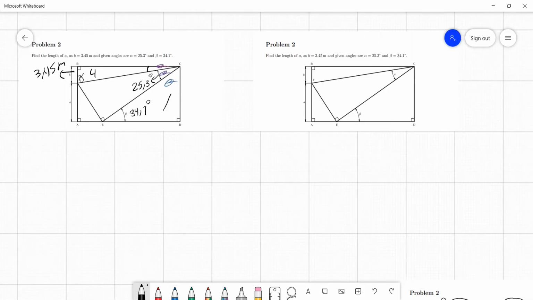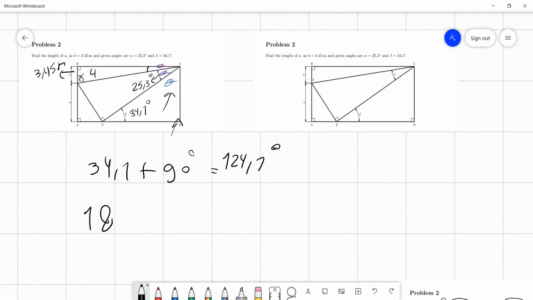So this angle over here, now we're going to try and find it. It's 34.1 degrees plus 90 degrees, which is this angle, that equals 124.1 degrees. And we got to subtract that from 180 because that's the sum of all the angles within a triangle.